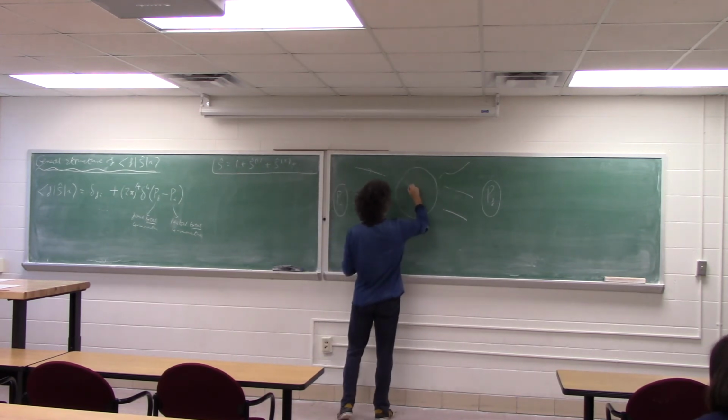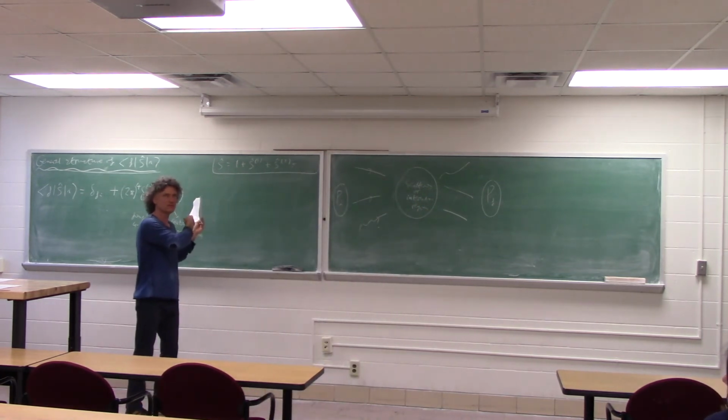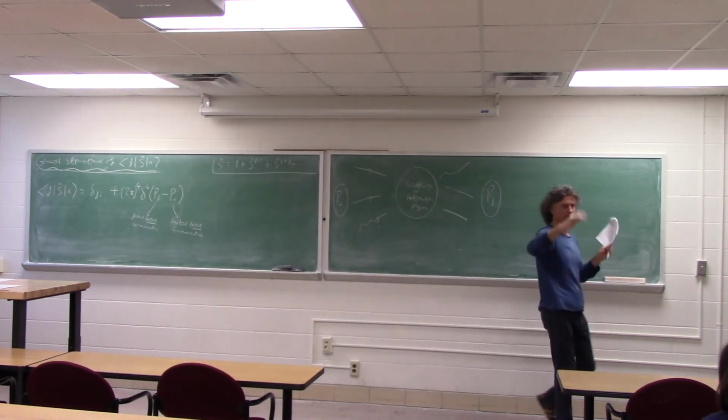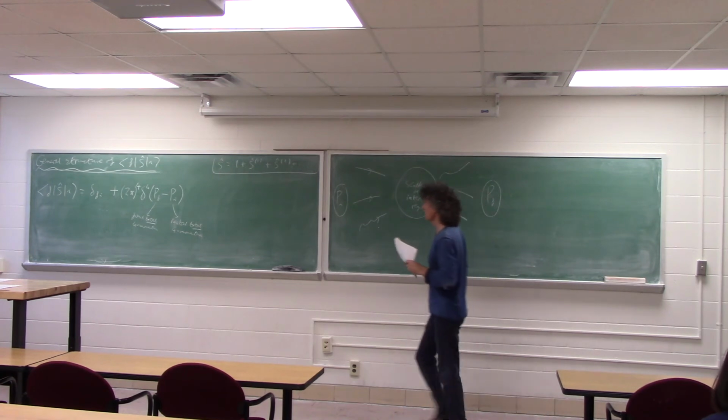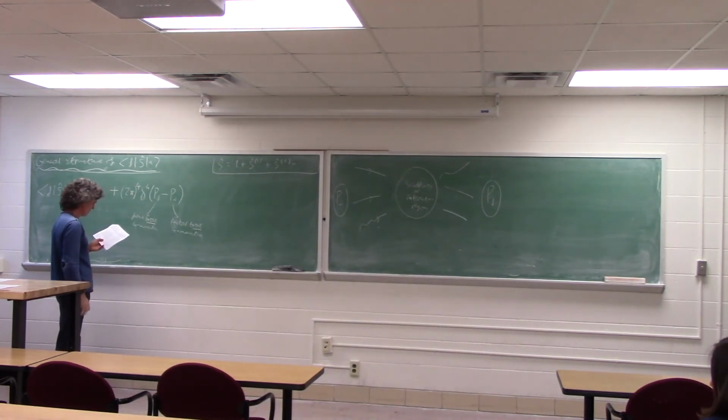So you can think of this as the scattering or interaction region. These particles come in from far away, we take t is minus infinity, they scatter, and they go out, and at t is plus infinity, we measure what comes out. So this just enforces conservation of total four momentum.